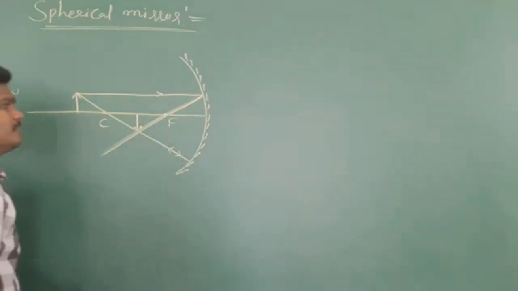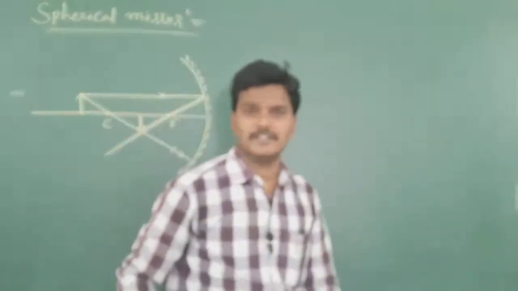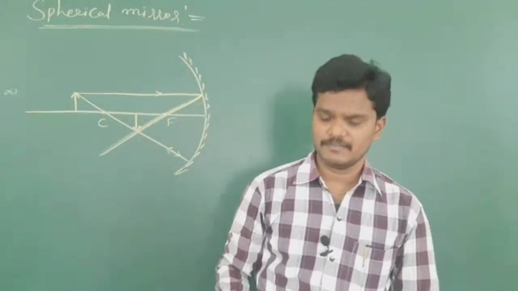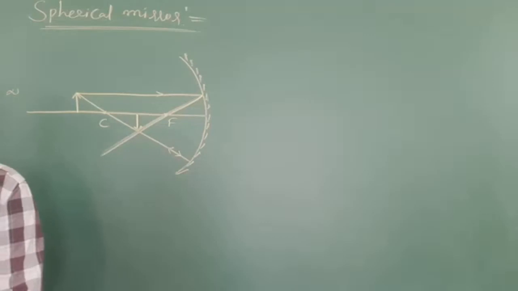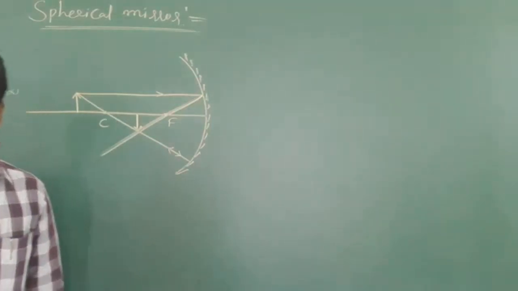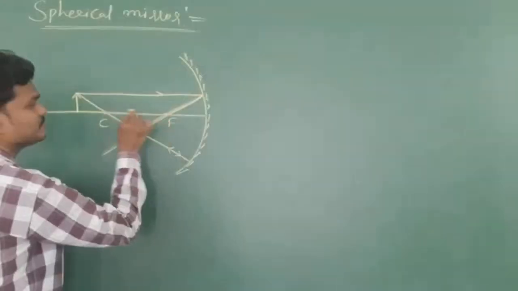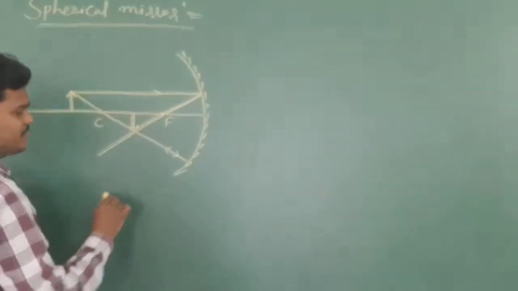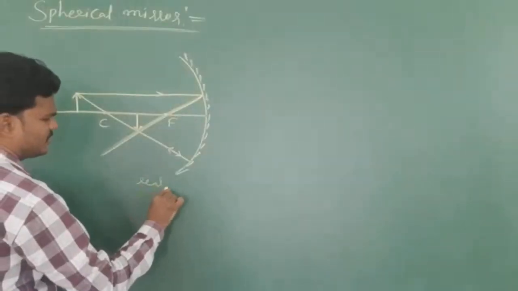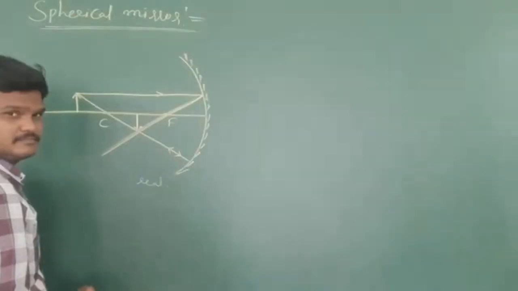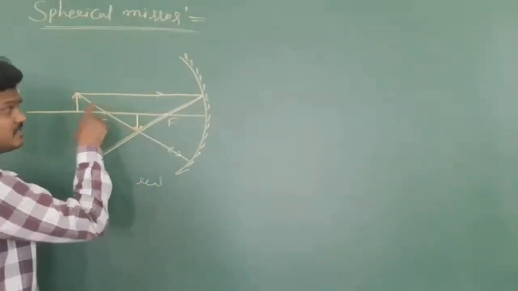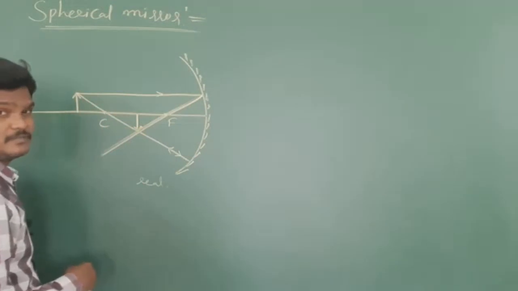Write down. The nature of image is real, inverted, and diminished, in between F and C. The nature of image is real, no doubt real, inverted. Size not same, don't think size is same. I will tell you when size is same.